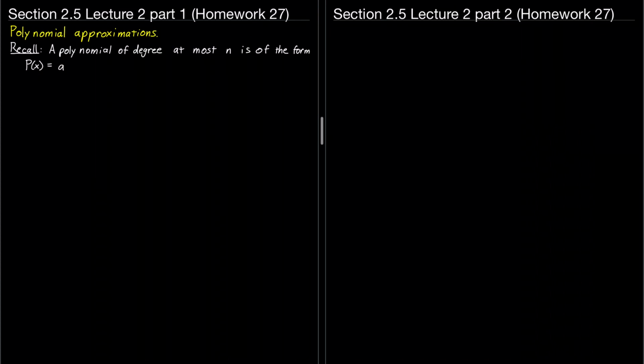Polynomials, you're allowed to have constants. You're allowed to have linear terms, so that's x. You're allowed to have quadratics, x squared, multiplied by a constant. And then being of degree at most n means you stop at x to the n. And I'm going to write that with a sigma. Sum from k equals 0 to n, a_k x to the k.